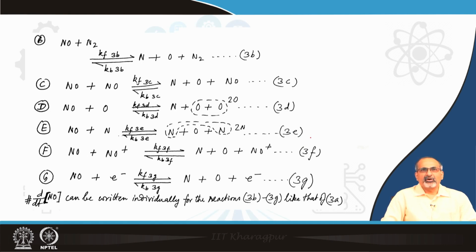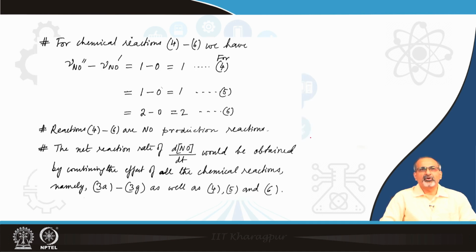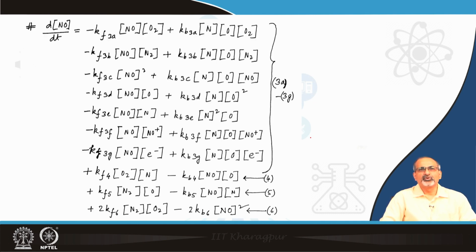We analyzed all of them one by one, the ones which affect the d/dt of NO concentration, did the calculations of the stoichiometric mole numbers finally, and after all that was done, we got the net reaction rate of NO, which was expressed in a form like this.